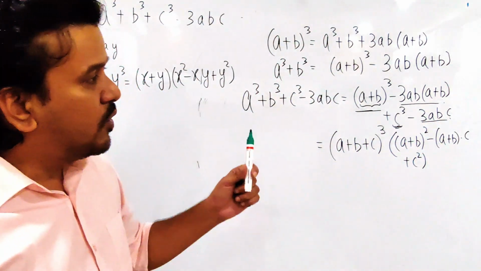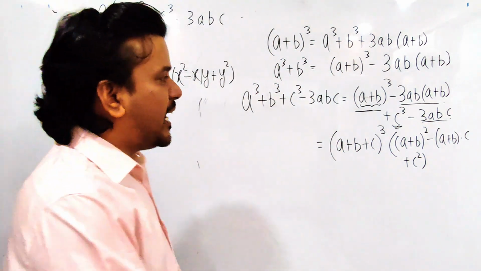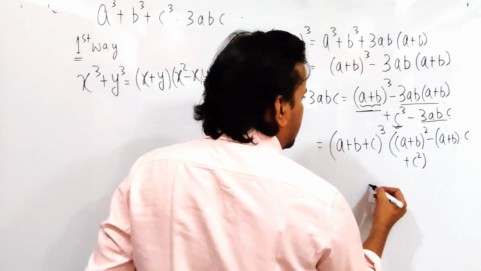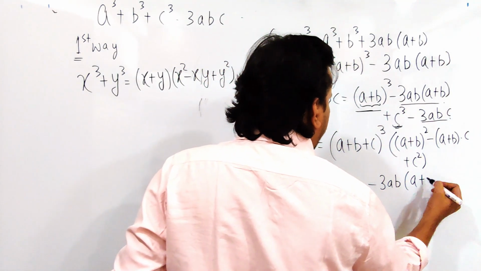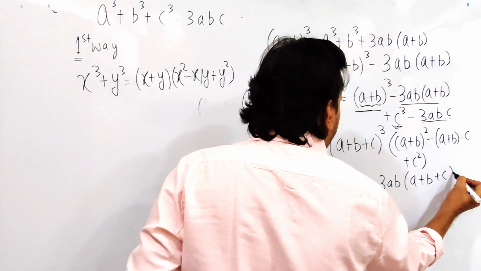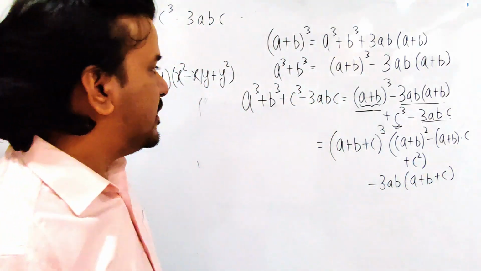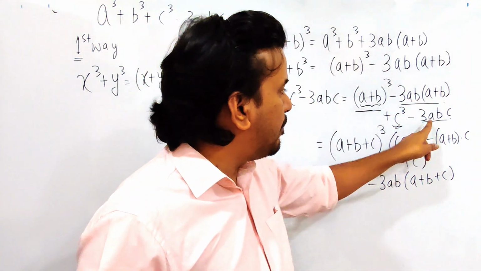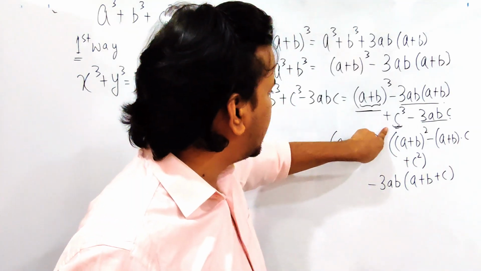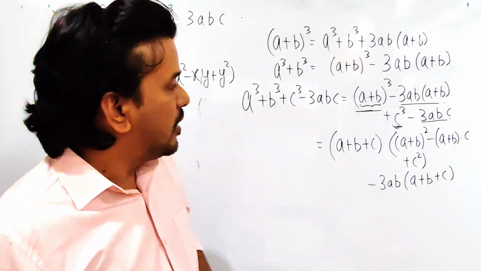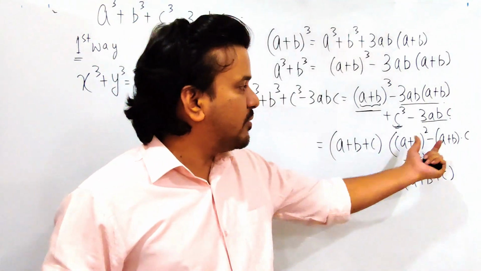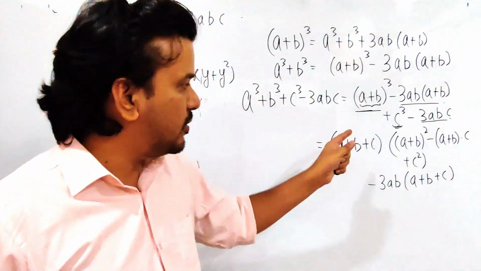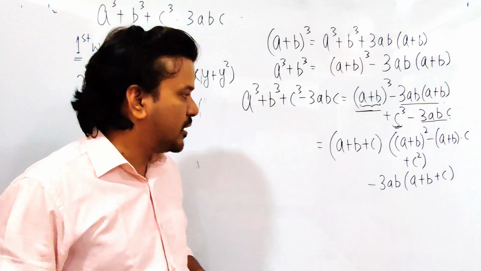You can see what is common from these two terms: minus 3ab in common, and then (a plus b plus c). This is x plus y and this is x square minus xy plus y square. I hope it is clear.